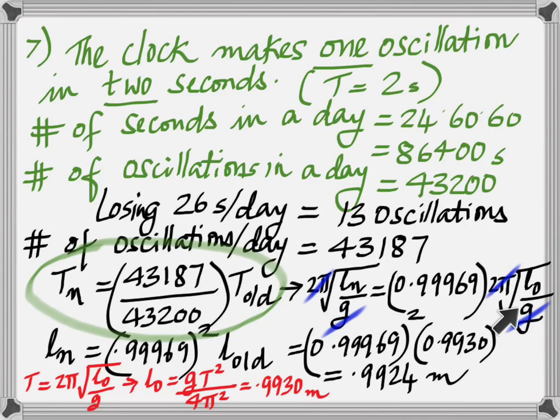The 2 pi and the g get cancelled, rearranged to get the new time period in terms of the old. And of course the old time period could have been found using this formula where you know T is 2, so you could get that. Therefore that's why you find that number here, and then you get 0.9924 meter.